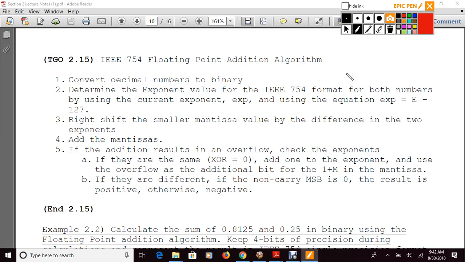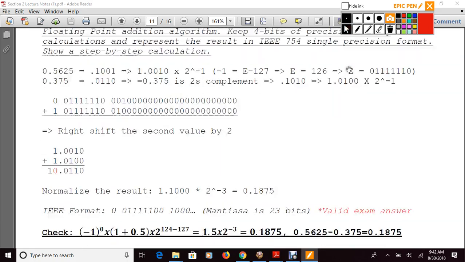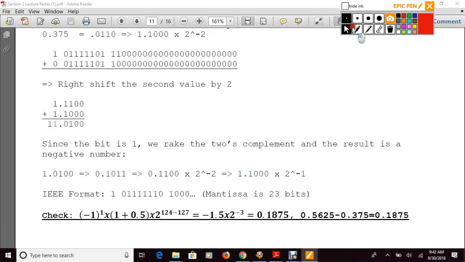We proved earlier in the semester that you can't have overflow there. So in this case, because we know it's XOR, any overflow is invalid. And the second bit, as part of the algorithm, and the reason I've highlighted it in red, allows you to determine whether it's positive or negative.